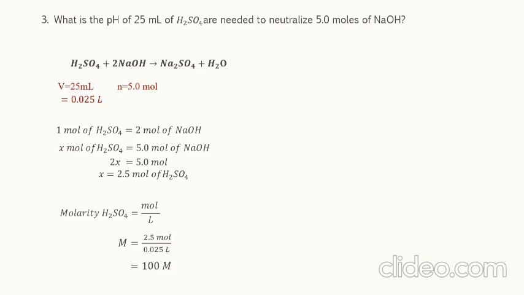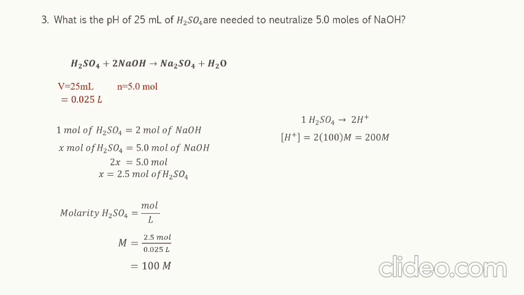Then we have to find the molarity of H2SO4. We use the molarity formula, mole over L. So we set the value 2.5 mole over 0.025 liter, which equals 100. This is the concentration of H2SO4.